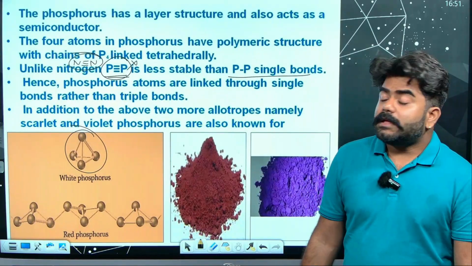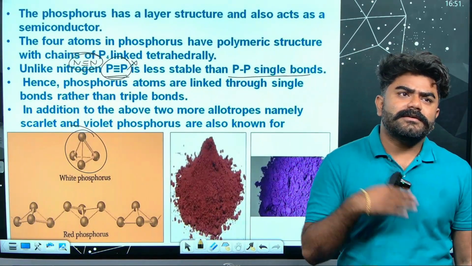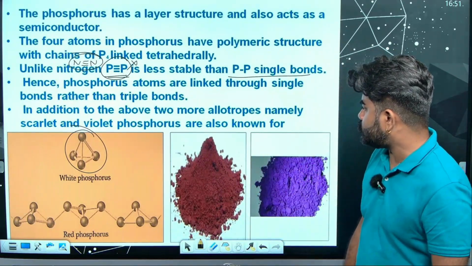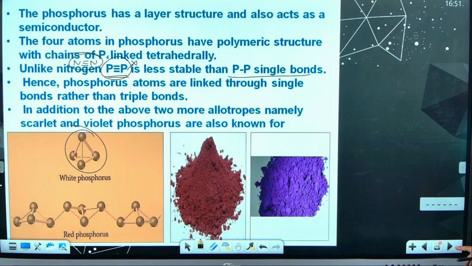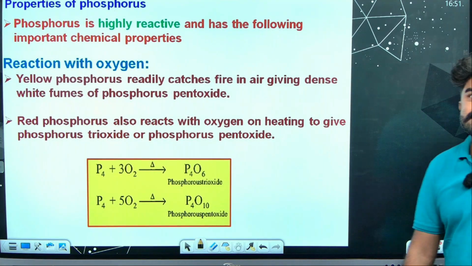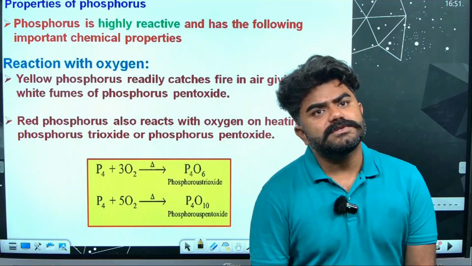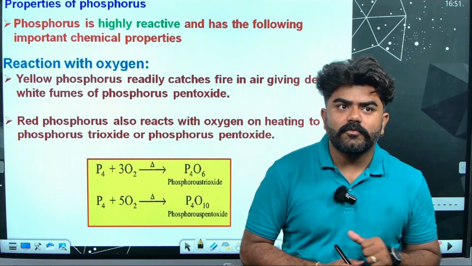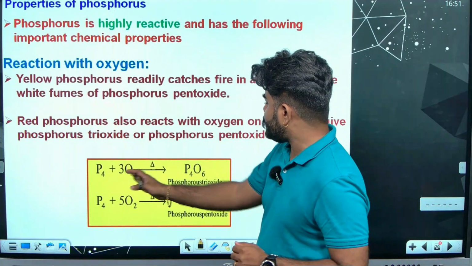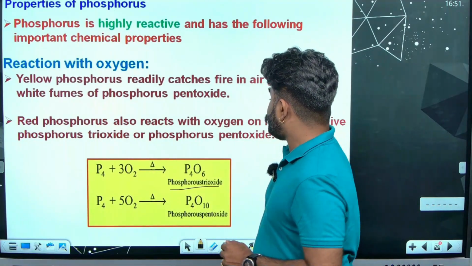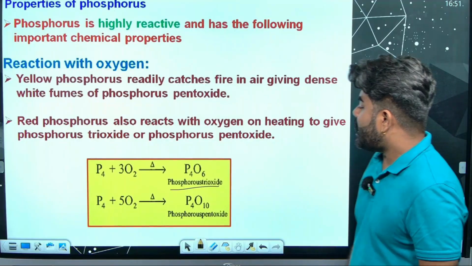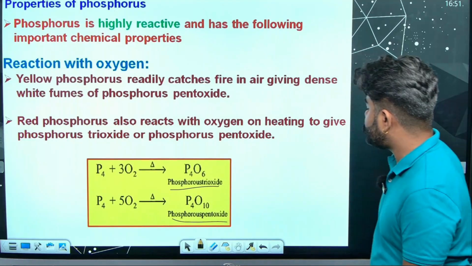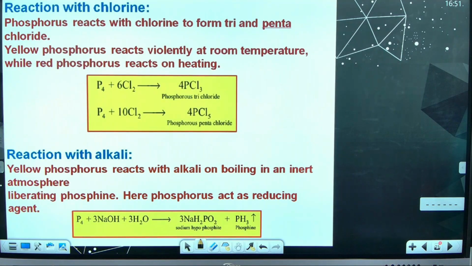Okay. In addition to these white and red phosphorus, we have scarlet and violet phosphorus also. Okay, these are the other two allotropes. Now let us see the properties of phosphorus. Phosphorus is usually a highly reactive element, and it reacts with oxygen to form, that is your white phosphorus reacts with oxygen to form phosphorus trioxide, and your red phosphorus reacts with oxygen to form phosphorus pentoxide when it is heated.